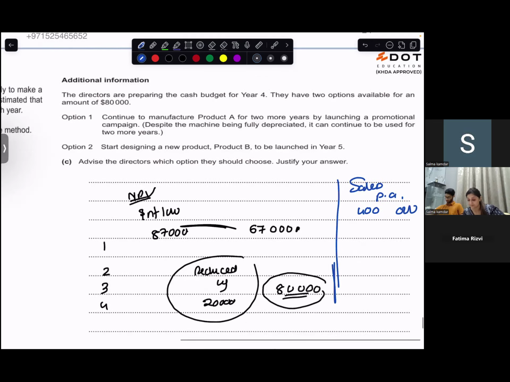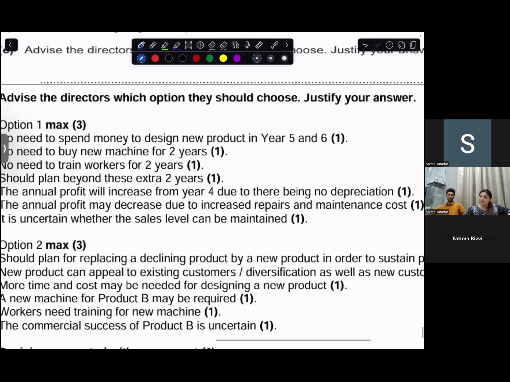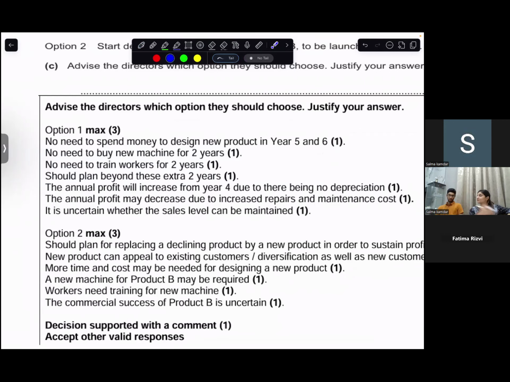So it's just advantages and disadvantages of the options, right? If they're choosing the option of producing the same product in year 5 and year 6, they are going to make 380,000 of sales revenue, minus the expenses, and profit before depreciation would be 67,000 in year 5 and another 67,000 in year 6.